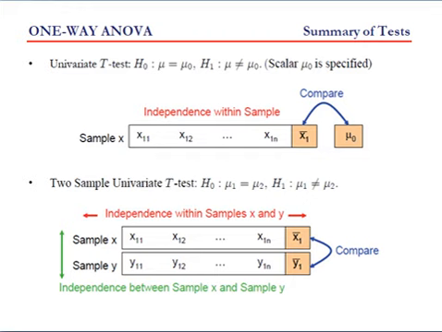One sample would be AGS battery, with let's say 20 observations, and sample 2, or sample Y, would be Osaka battery, and then I can compare whether they have differences in their mean values or not.